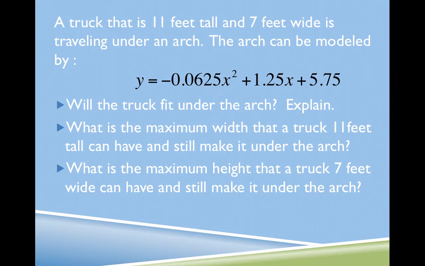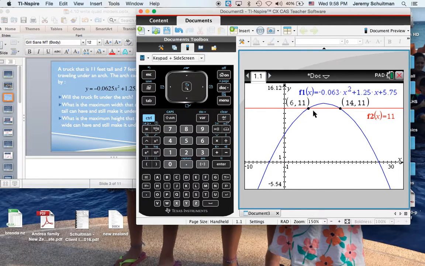Alright, what if I did have a truck that was 7 feet wide? Can I still make it underneath the arch? Well, let's take a look. If I go back here, instead of being 8, I want to be 7. So where's my center here? If this whole thing is 8 between 6 and 14, the center has to be right here at 10.